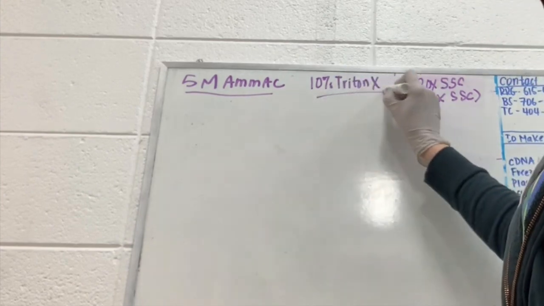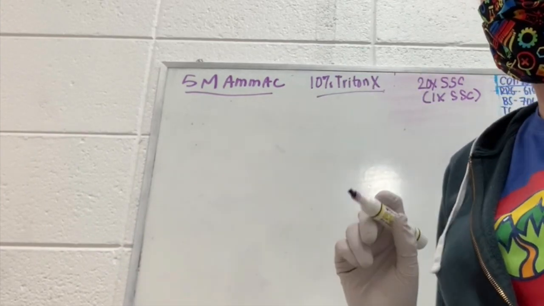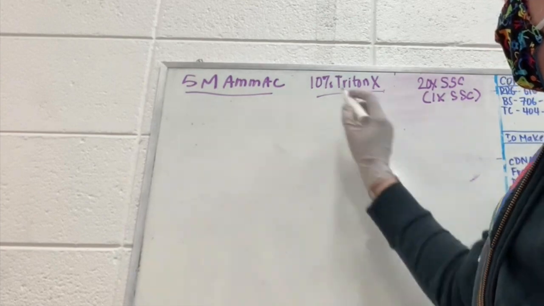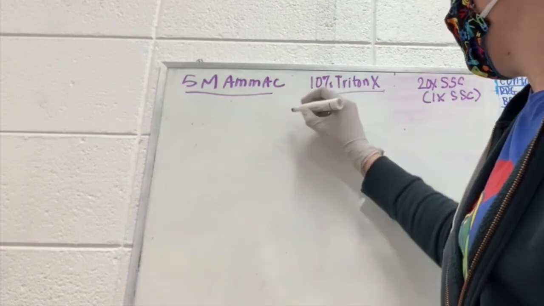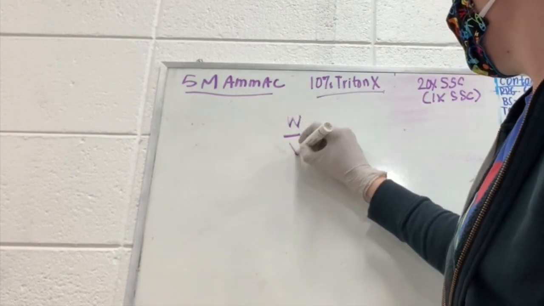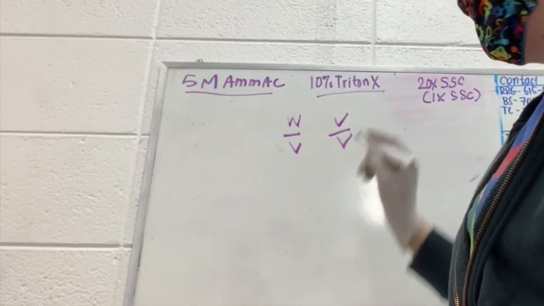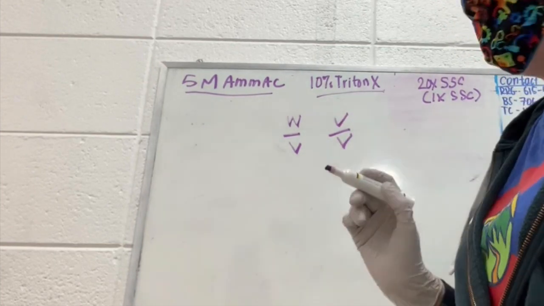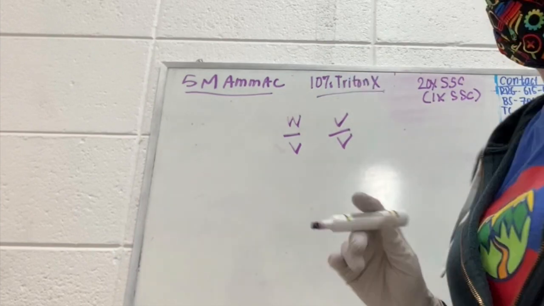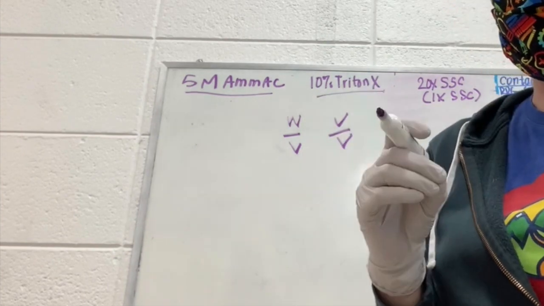You may also be asked to make a percentage solution. And so when you're dealing with percentages, you're either going to make a weight volume solution or a volume solution. And this has to do with whether the material you're using is a solid or a liquid.